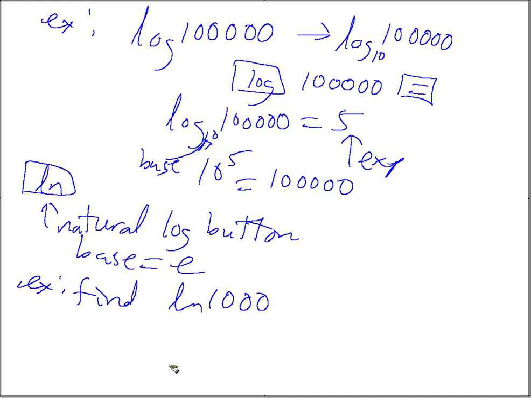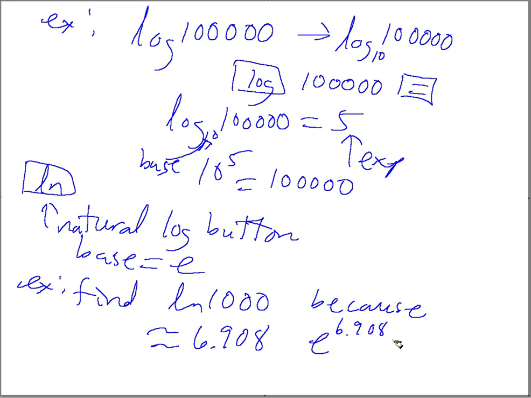In fact, I'm going to punch it in right now. So let me punch it into my calculator: 1,000 ln. I'll round it off to 3 decimal places. So this is roughly 6.908, because if you take e to the 6.908 on your calculator, it should be roughly 1,000.